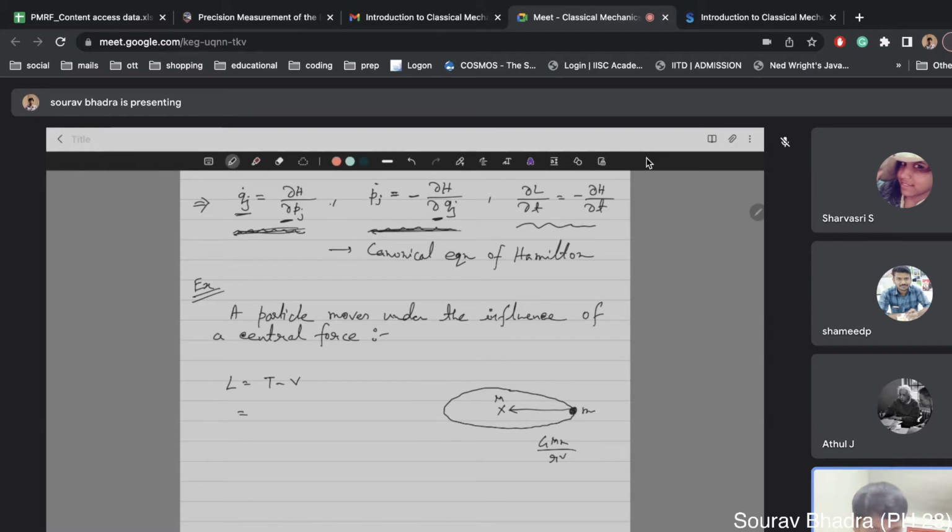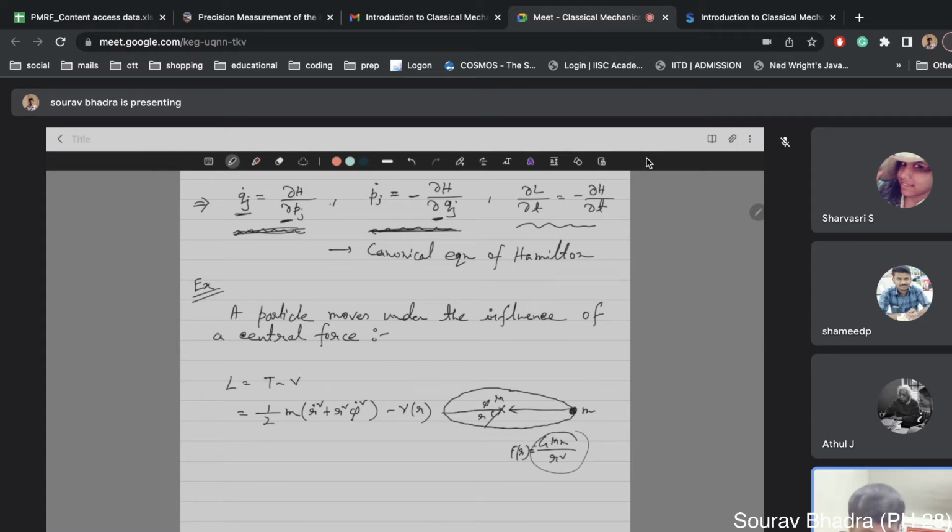T can be written as half m, and if I use r and theta coordinates, suppose this is the r from the center and this is the theta or phi, whatever, then the kinetic term will be half m times r dot square plus r square phi dot square, minus V, where the potential V is a function of r, because it is the force, and if you take the derivative of this force, that will give you the potential.